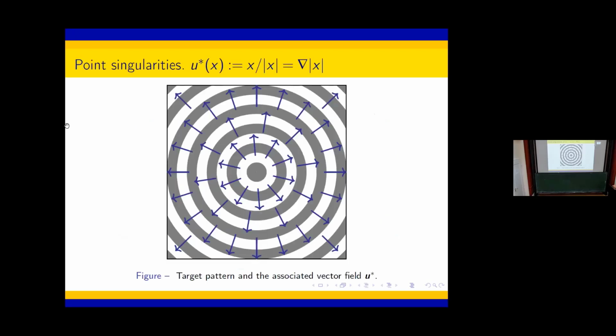We have another type of singularities which have no energy, and these are vortices. They are called targets in the vocabulary of patterns.